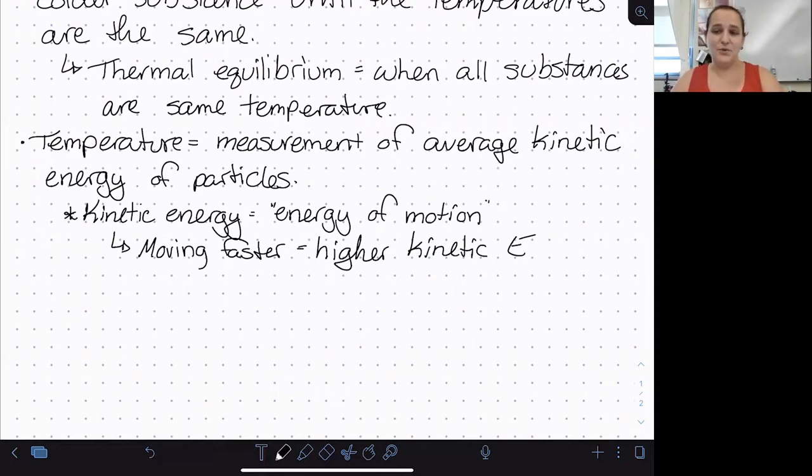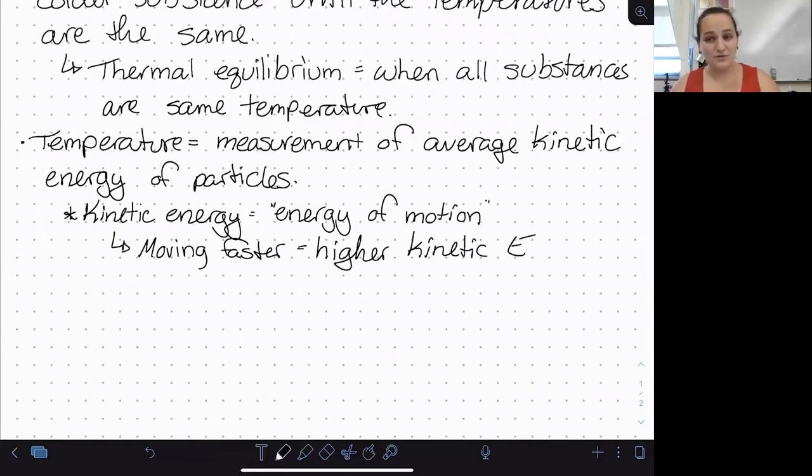Heat is how energy moves from one substance to another. Kinetic energy is the intrinsic energy within a substance or within a particle related to how fast it's moving. Heat transfer can change the kinetic energy of a substance, and we measure that as a change in temperature.